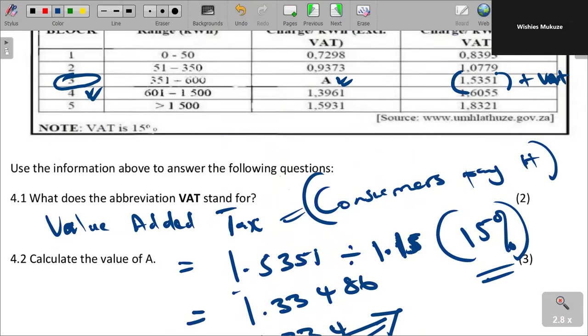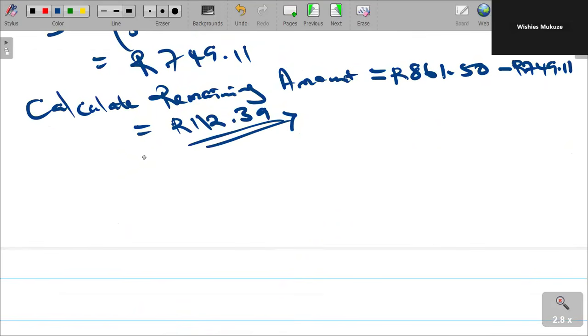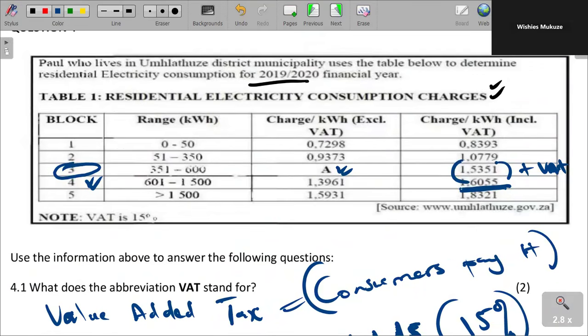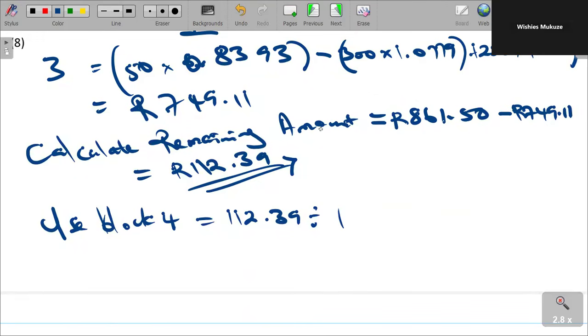So for block 4, we divide it by the given tariff amount, which is with VAT. So use in block 4 is equal to 112.39 divided by 1.6055, and this gives us 70 kilowatts.